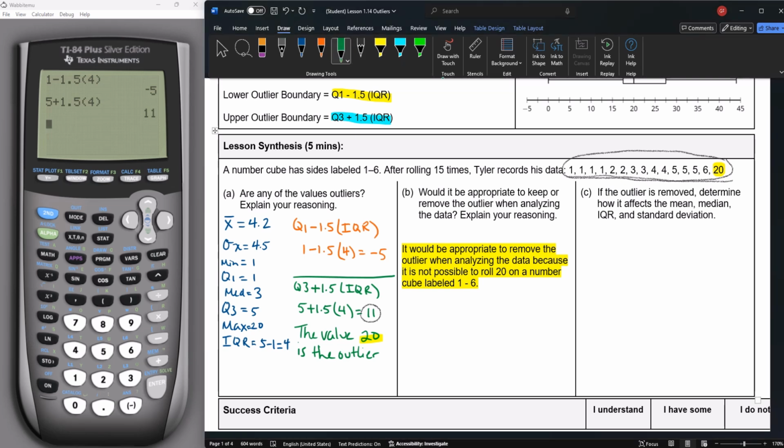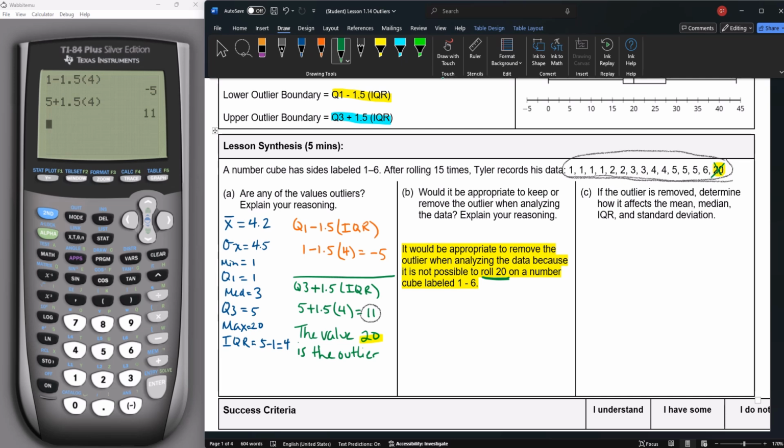Sometimes we have to see if the outlier is data that we can remove because it's an error, or we can keep it. Maybe it's not a mistake. We would just have to think about it very clearly. So it would be appropriate to remove the outlier because it's not possible to roll a 20 on a dice that is labeled 1 through 6.